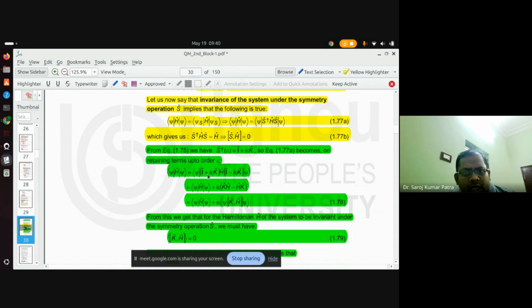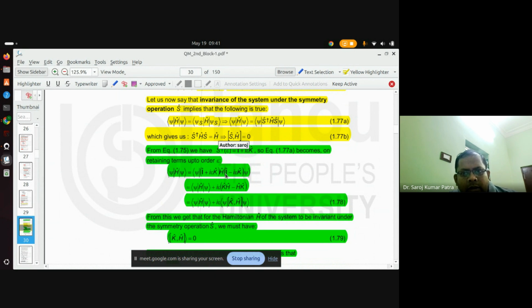So I cap plus I epsilon K cap, H cap is equal to S dagger H S, as we have seen. So we are substituting that. We are trying to find out psi H psi. Instead of H, now we will write S dagger H S. And what is S?